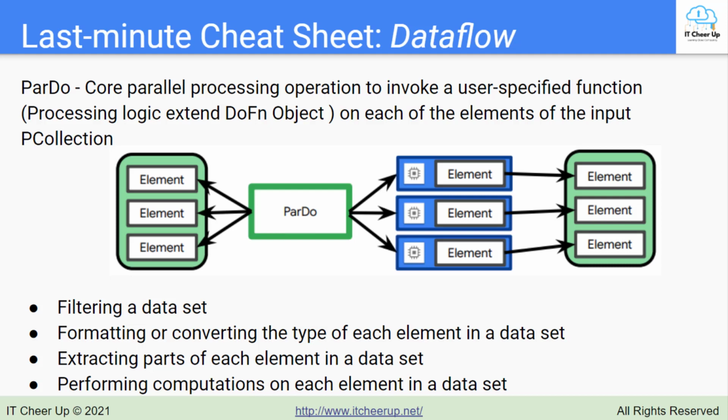You can use ParDo for filtering a dataset, formatting or converting the type of each element in a dataset, extracting parts of each element in a dataset, and performing computations on each element in a dataset. I will go through how to aggregate elements in unbounded collections through windows, watermarks, and triggers in the next video.